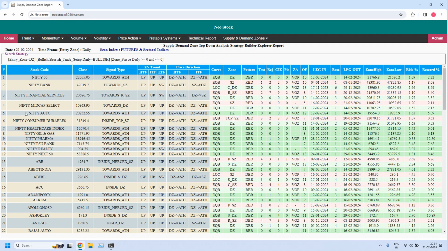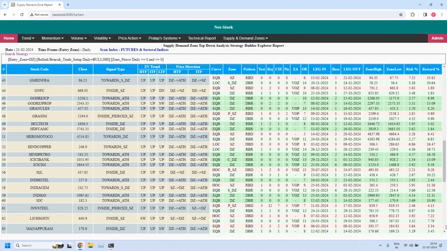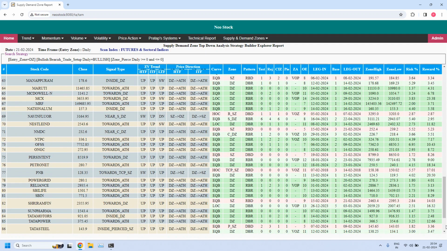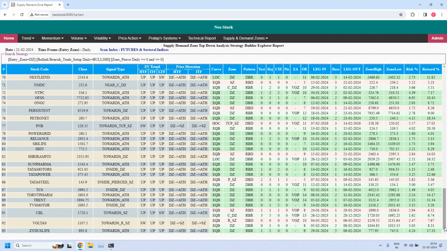And the first 12 stocks in this list are indices, and currently they are all supporting bullish trades. So at present, 93 stocks are supporting bullish trade setup.